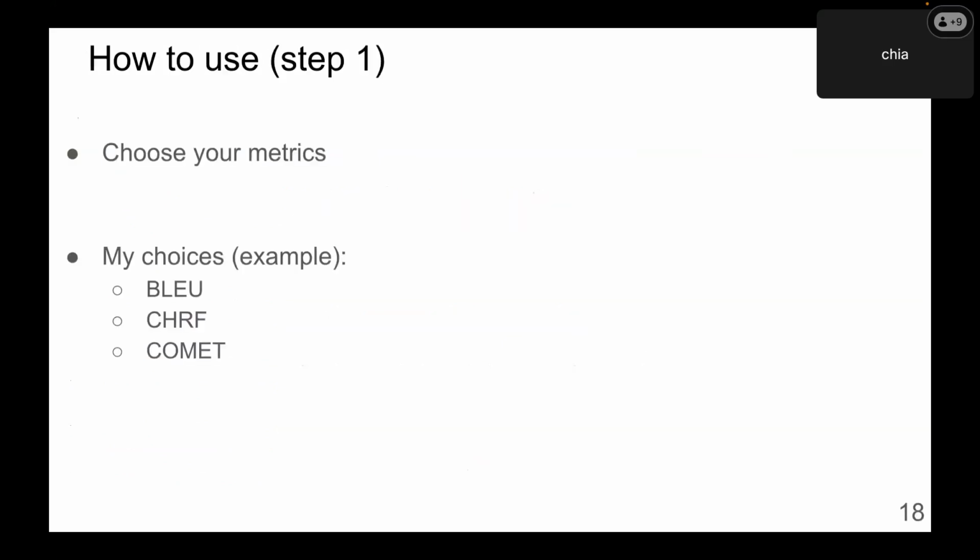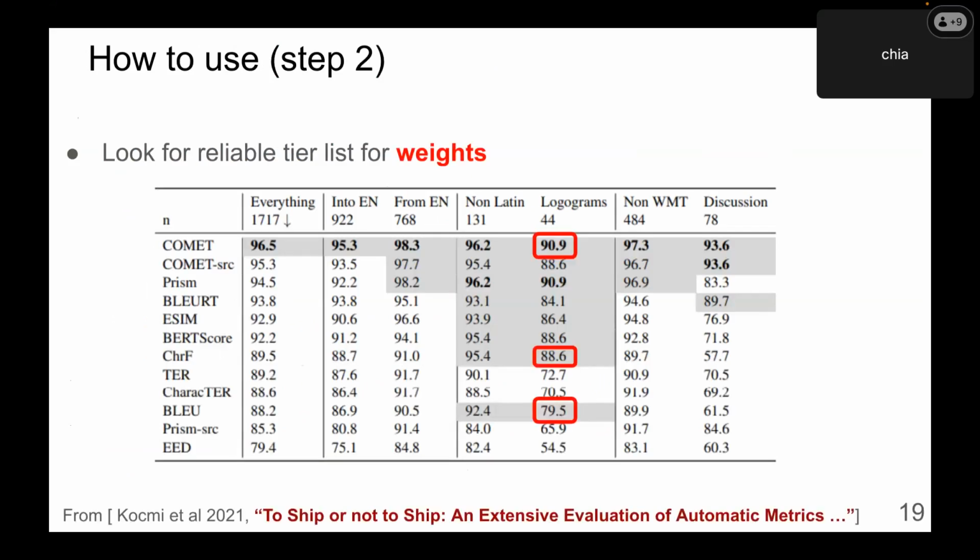First you can choose your metrics. Here I'm using BLEU, chrF, and COMET, which are 3 different metrics, 2 string based and 1 pre-trained model based. Next we look for a reliable metric tier list for the weights. From this paper, I took this table with the scores for the 3 metrics.